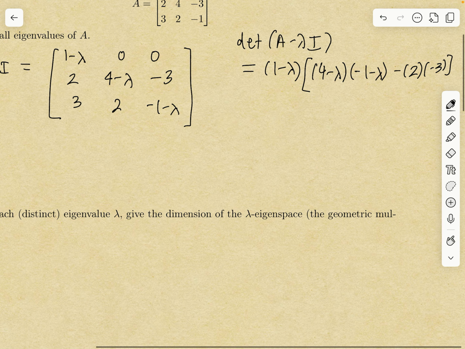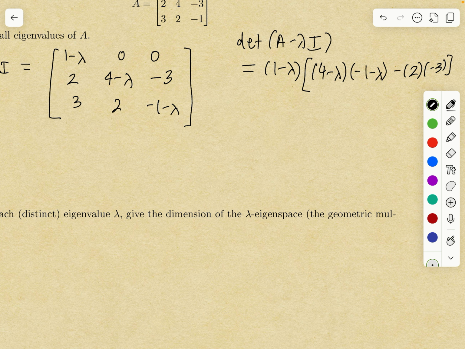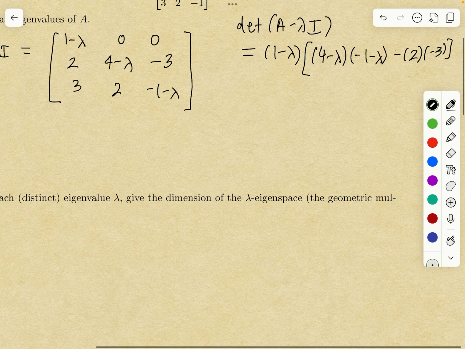Now I have to expand all this out. And when I continue the cofactor expansion, since I have zeros here and here, it will just give me 0. So I just need to expand this out.